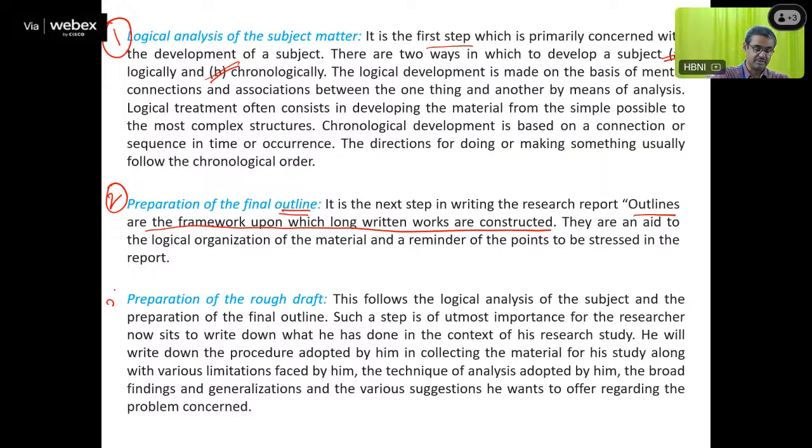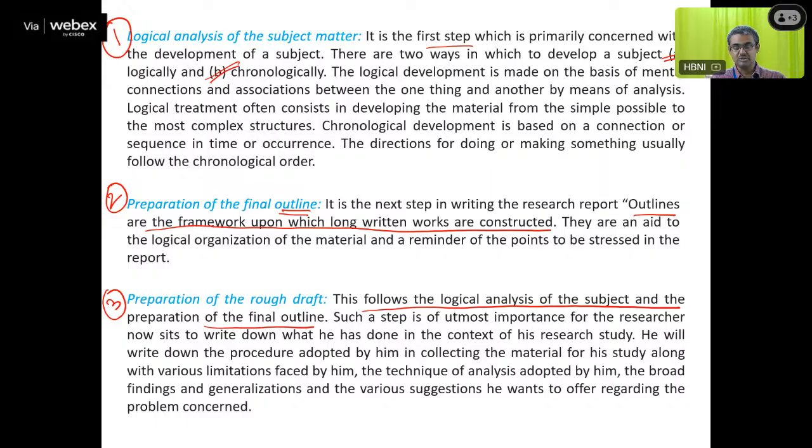Then comes, after the final outline, the preparation of the rough draft. Now you start writing under each and every chapter and every subheading and sub-subheading. So preparation of rough draft follows the logical analysis of the subject and the preparation of the final outline. So after the outline, you start filling up the gaps, right?